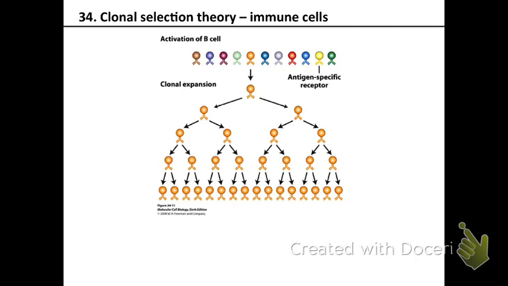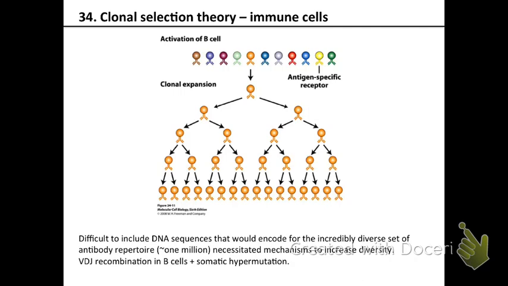So how is this problem solved? It's solved by several strategies. The first strategy that the cells use is they can create a more diverse antibody repertoire by using VDJ recombination. What that means is part of the antibodies are encoded from little different segments in the genome, and there is a mechanism to mix and match these segments, right, to make different antibodies.